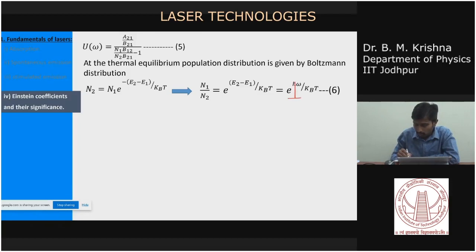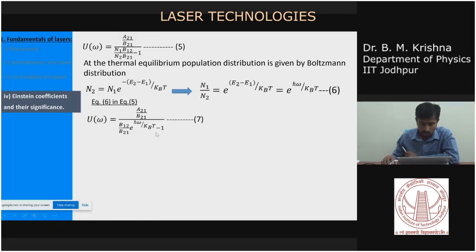So N1 by N2 equals e power h cross omega by kBT. Substituting equation 6 into equation 5, you get U of omega equals A21 by B21 divided by (B12 by B21 e power h cross omega by kBT minus 1). I am replacing N1 by N2 with e power h cross omega by kBT. I will make this equation number 7.